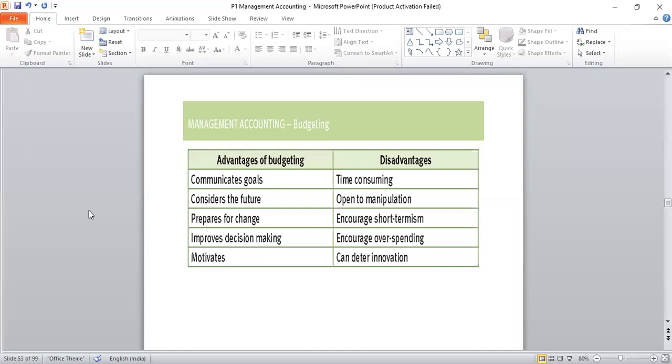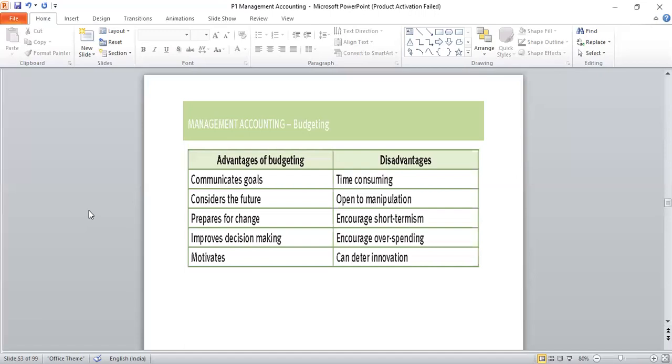It encourages short termism, because the budget is prepared for the current period and the very next period, so all focus will be on that year. Sometimes, in the attempt to achieve the targets for the next year, they may not focus on the long term goals.